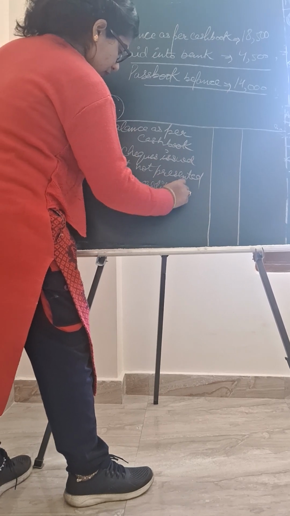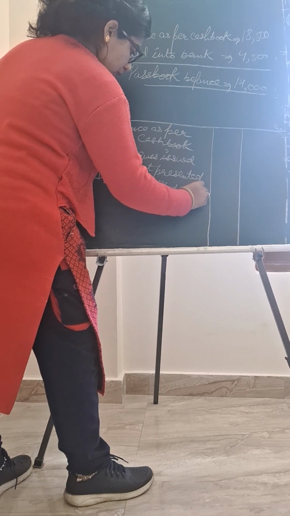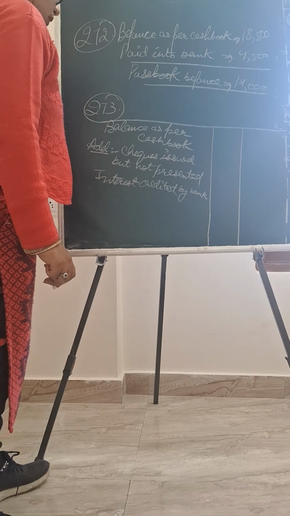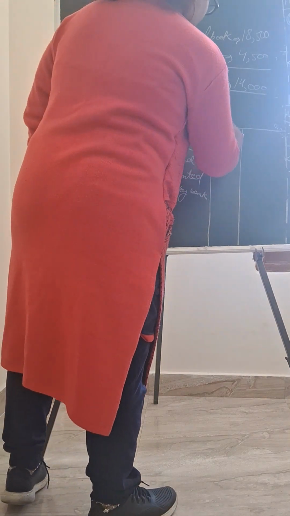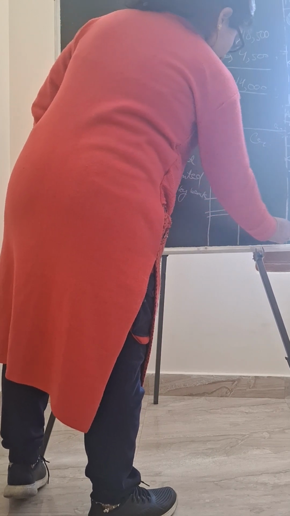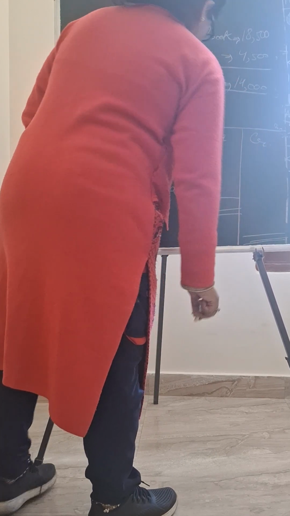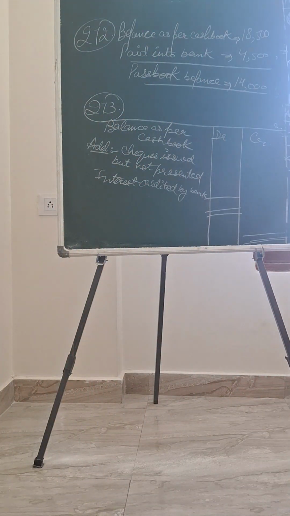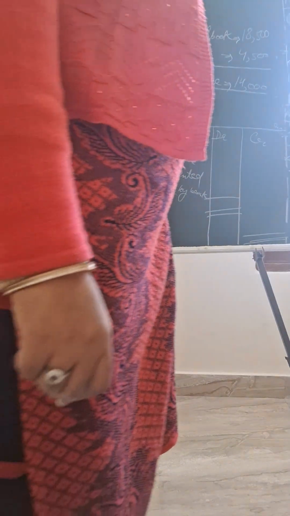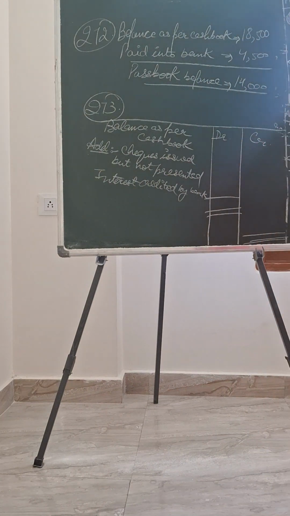Then these all things will come on the debit side, and these things will come on the credit side. One will have a debit balance, other will have a credit balance. Balance as per cash book, add checks issued but not presented, add interest credited by bank. Then what we will less? Checks deposited but not credited, bank charges not recorded in cash book.